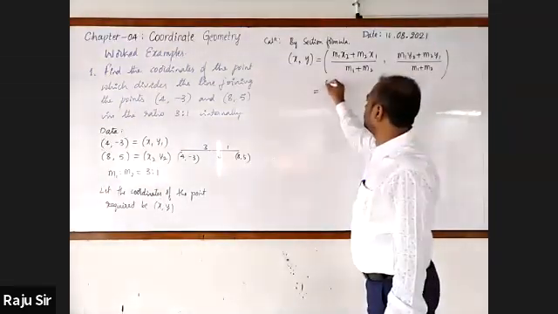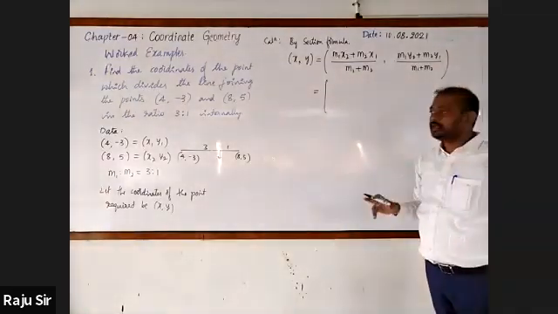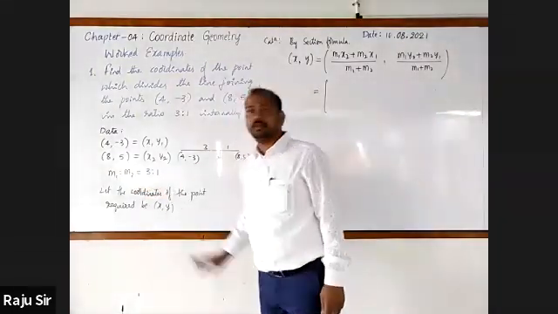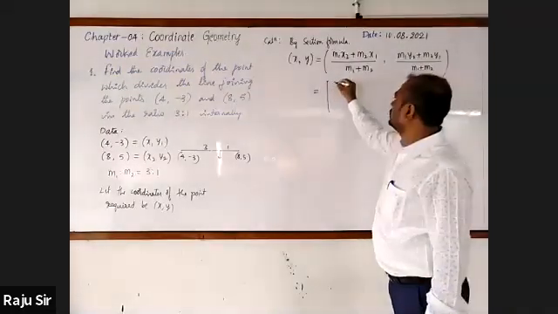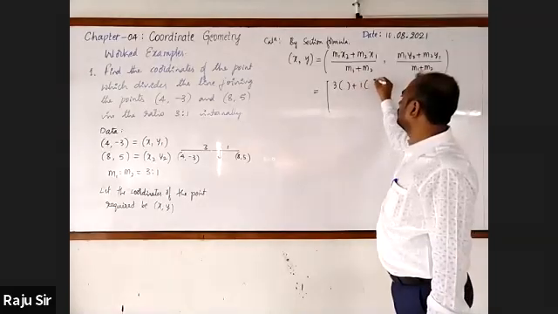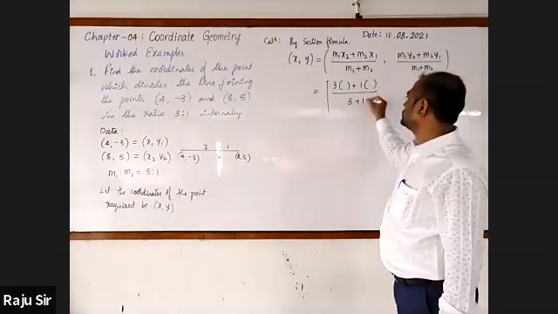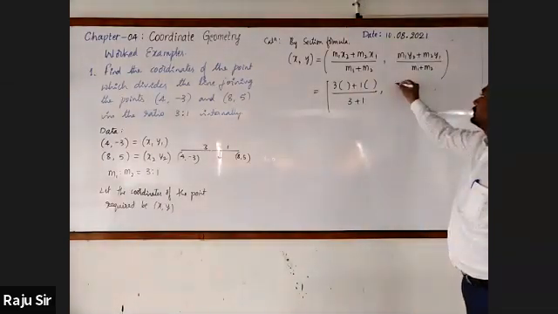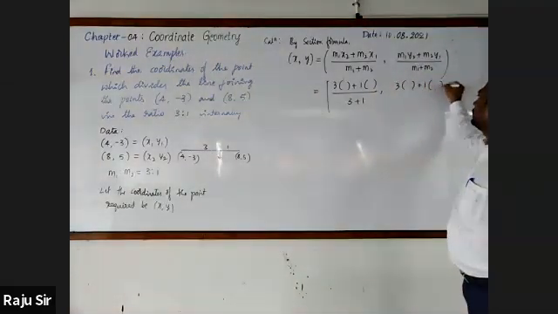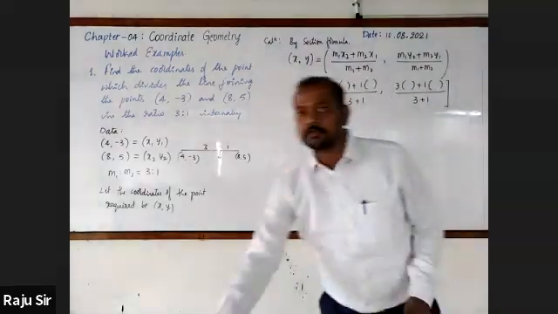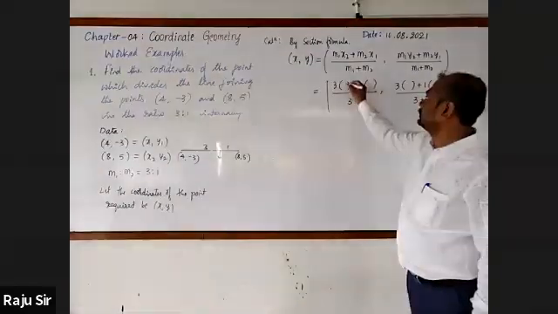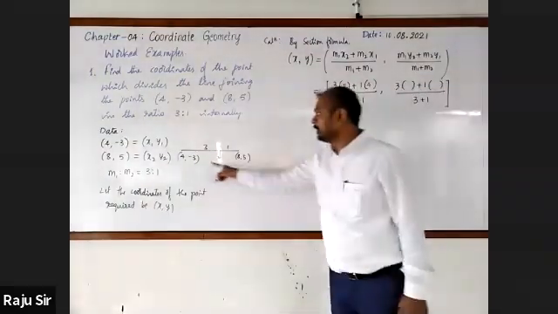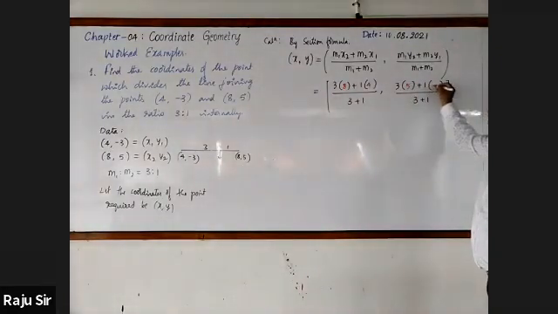As I said, first substitute only m1 and m2, where m1 is 3, m2 is 1. It is 3 into plus 1 into by 3 plus 1. Next, 3 into plus 1 into by 3 plus 1. Substitute x2, x1, it is 8 and 4. Y2, y1, 5 and minus 3.